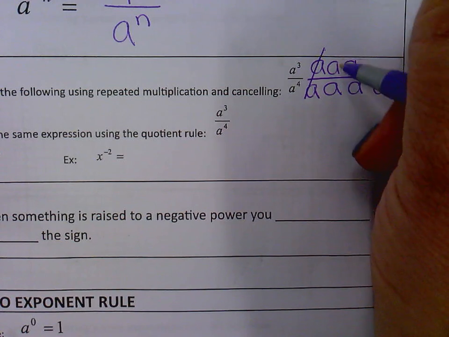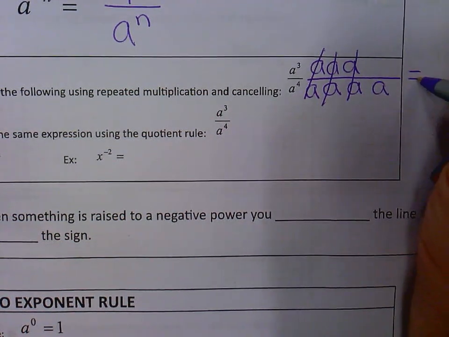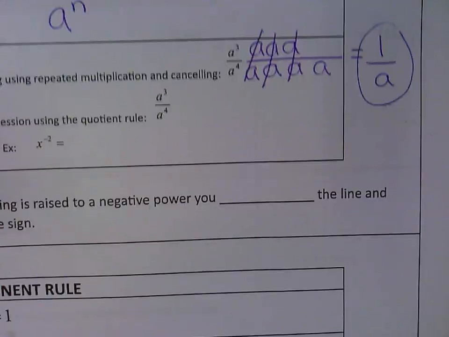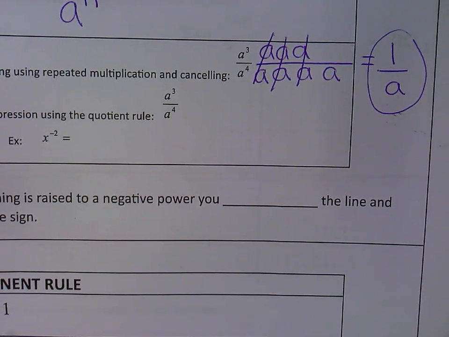Cancels, cancels, cancels. What do I have left? I have 1 over A because this A is sitting in the denominator. So I want to show that it's sitting in the denominator, and anything divided by itself is not 0. Anything divided by itself is 1. So 1 over A is what I get.